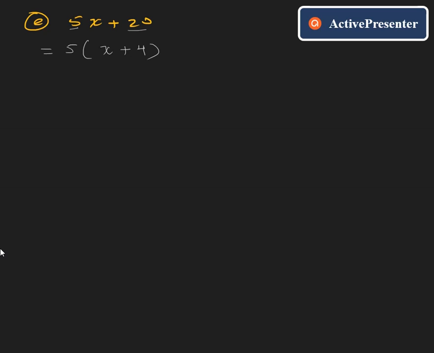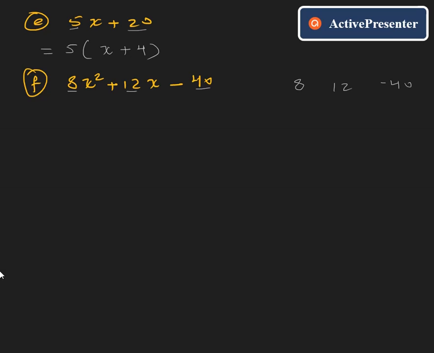Okay, another question. If I say 8x squared plus 12x minus 40, okay, we have only numbers to factor. We don't have another variable here, so we have only numbers to factor. So what is the greatest that divide 8, 12, minus 40?